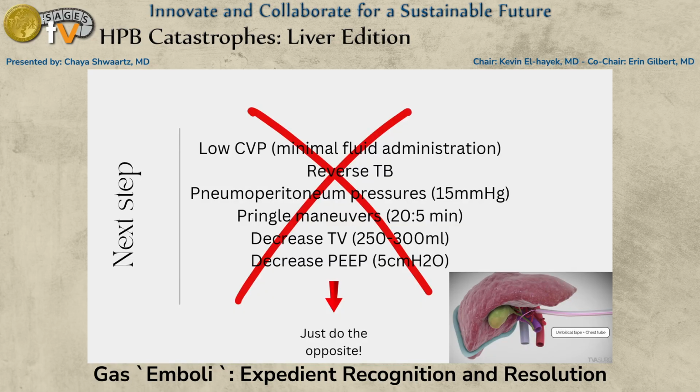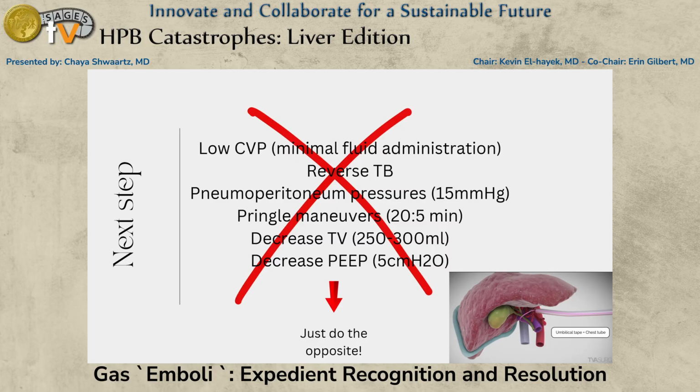And I think the next step for us is, basically we talked about all the things that we have to do in order to avoid bleeding. We talked about low CVP, reverse Trendelenburg, and a slightly higher pneumoperitoneum. We talked about the Pringle maneuver that we're doing, but at the end of the day, when that happens, we need to do exactly the opposite of all of these things. So we want to increase and give fluids.